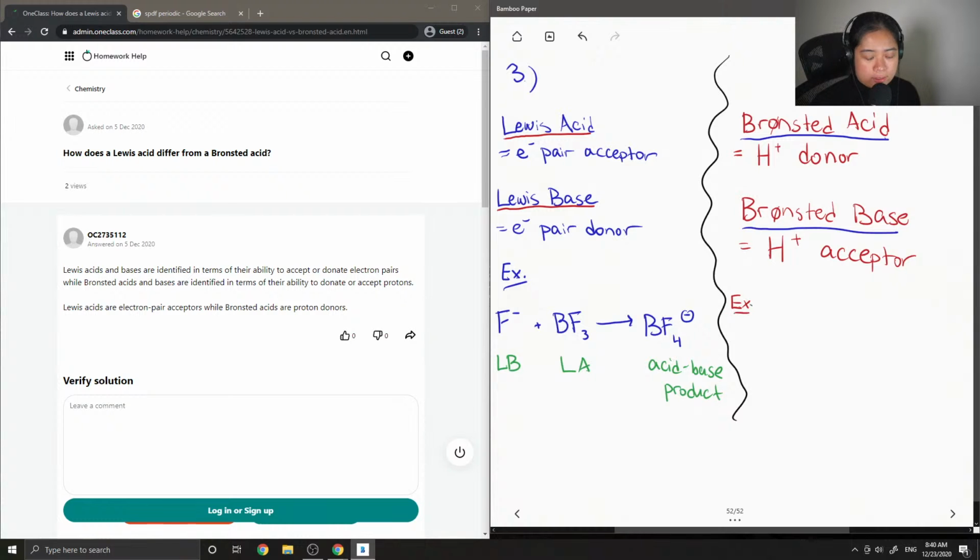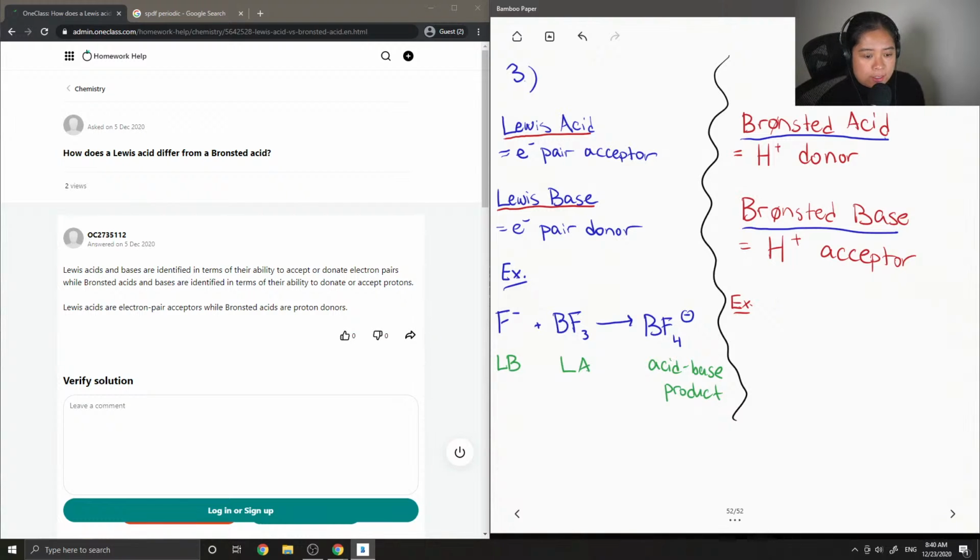Okay, so you can already kind of see how it would differ from a Lewis acid, since both the Lewis acid and the Lewis base didn't contain hydrogen.